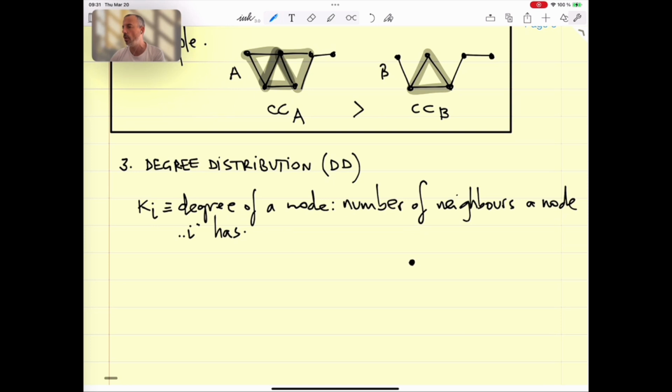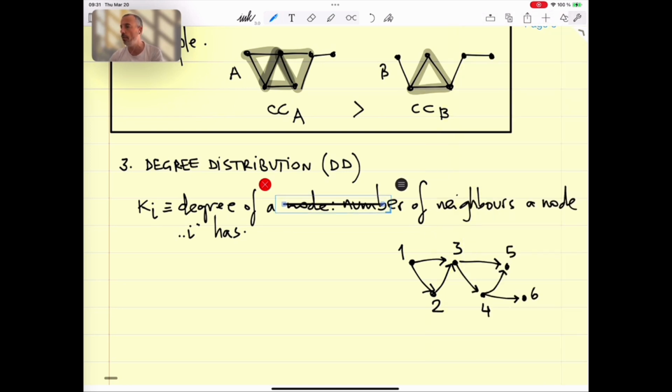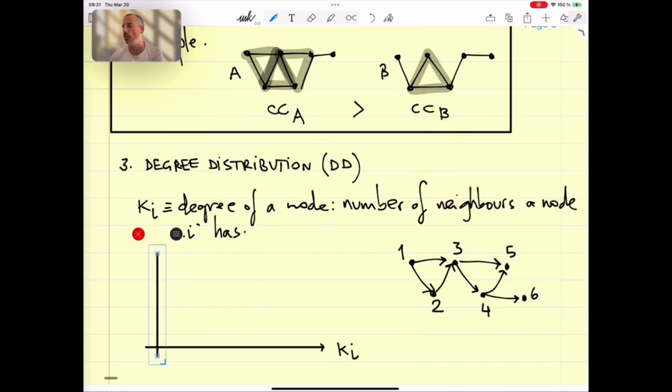So let me paint again our example network. Okay, and here the degree distribution is going to be like this. It's very intuitive. This is the degree, and this is the frequency, like with any distribution.